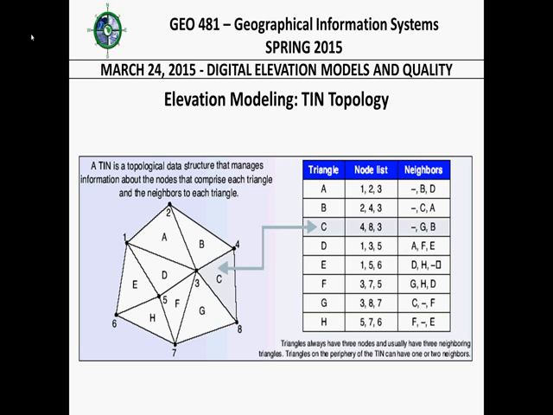So a TIN is a data set that manages information about elevation with triangles of equal aspects. So this equal aspect and slopes. This piece of land in triangle H is flat, but it's leaning. It's flat within the triangle, but it leans a certain way, which we call aspect.